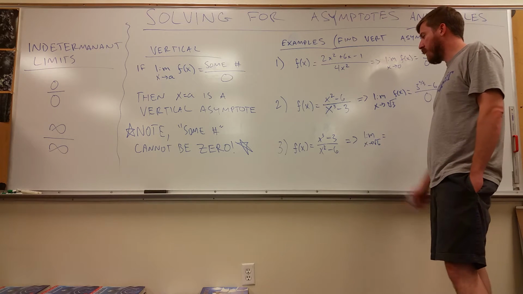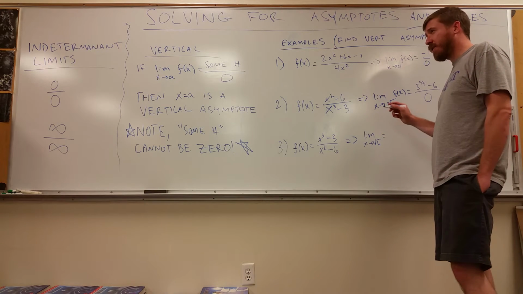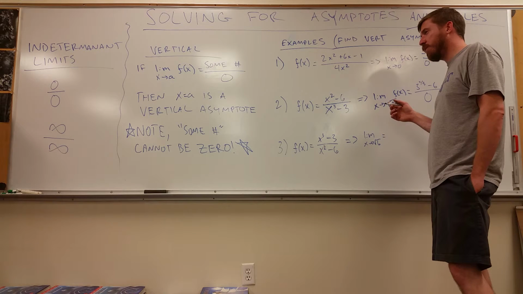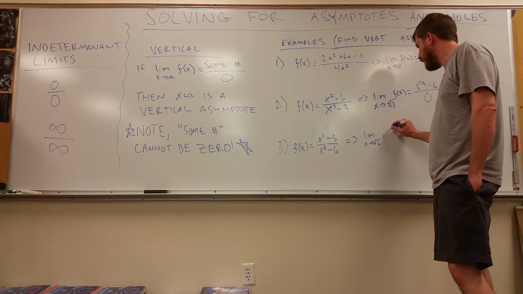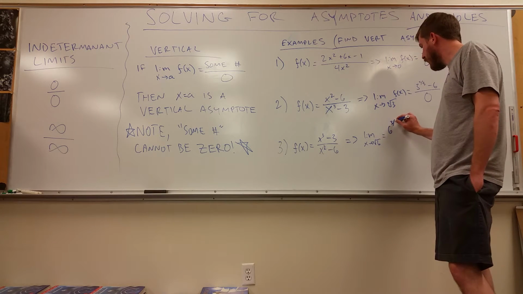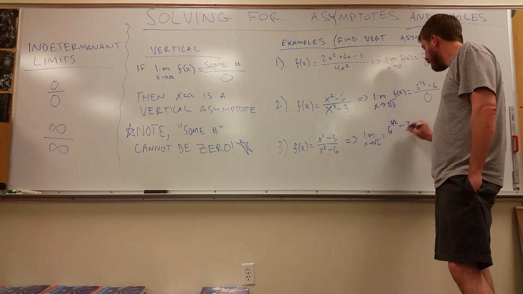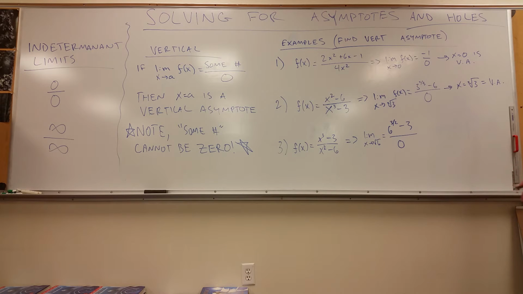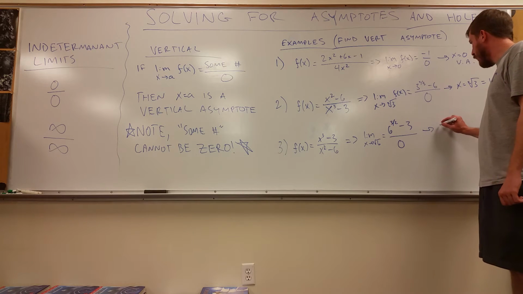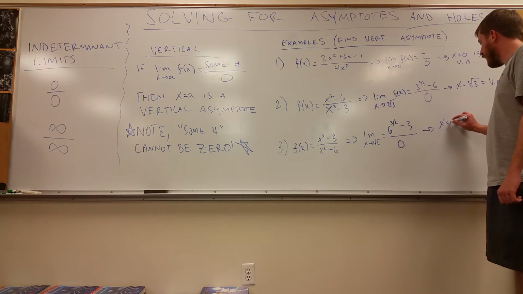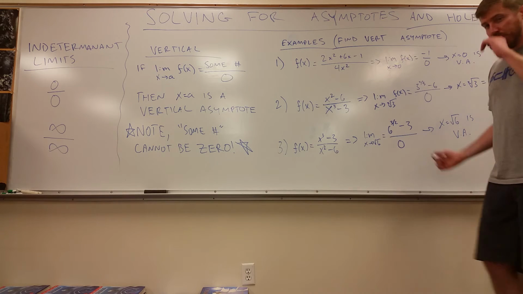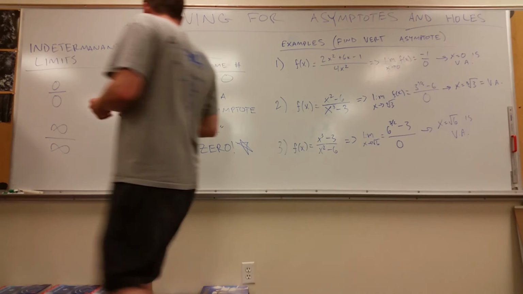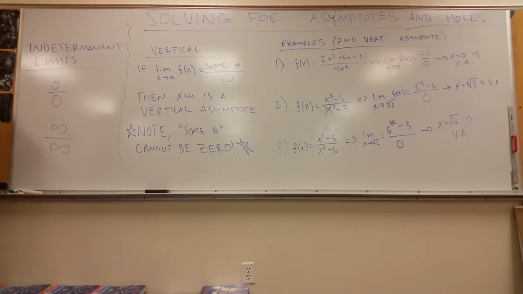If we plug the square root of 6 in there, we get the square root of 6 cubed, which is 6 to the 3/2, minus 3, over 0, where 6 to the 3/2 is some number. So again, here x equals the square root of 6 is a vertical asymptote. So in all three of those cases, we have vertical asymptotes.